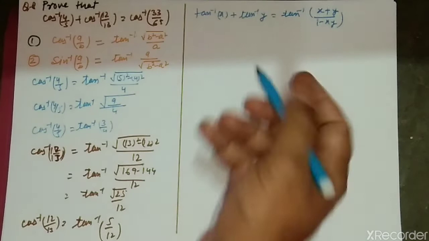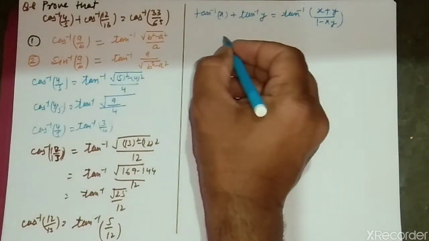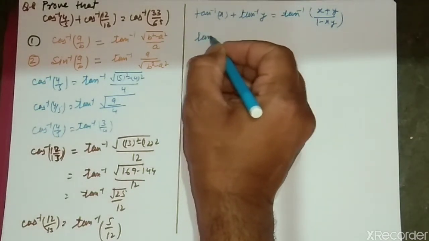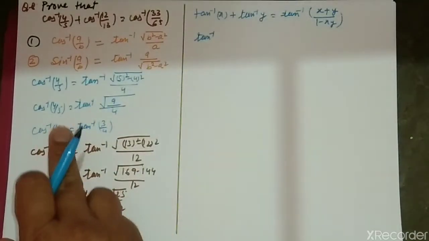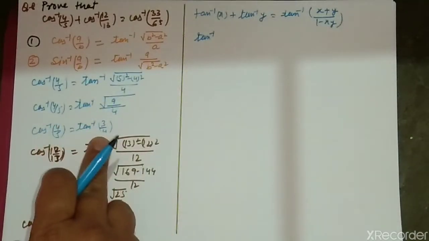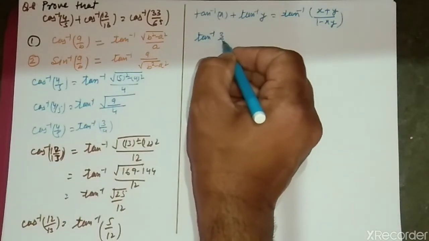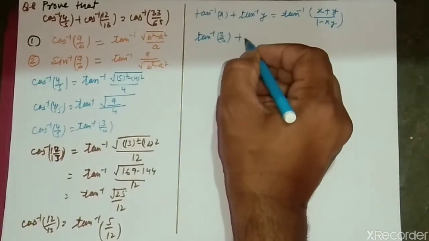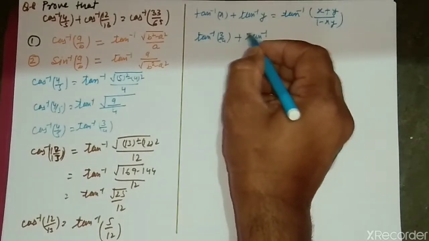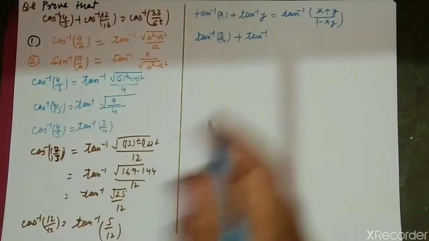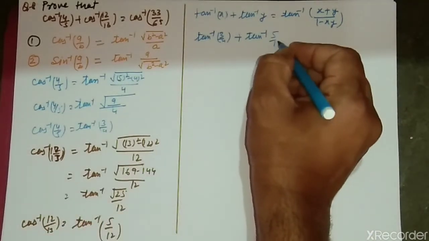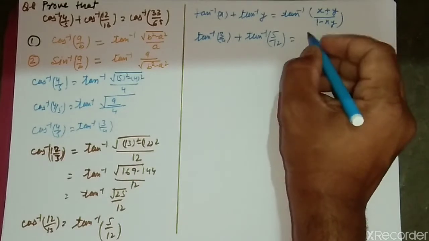So using that identity, we have both things. In place of cos inverse 4 upon 5 we got 3 upon 4, so x is 3 upon 4, plus tan inverse y, and in place of 12 upon 13 we have 5 upon 12. So y is 5 upon 12. Clear?